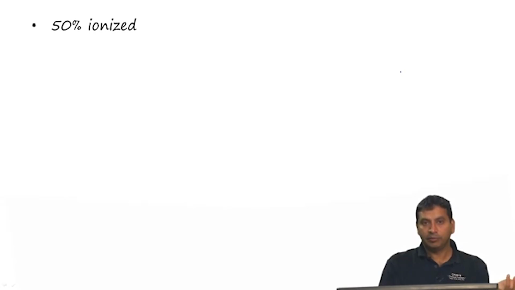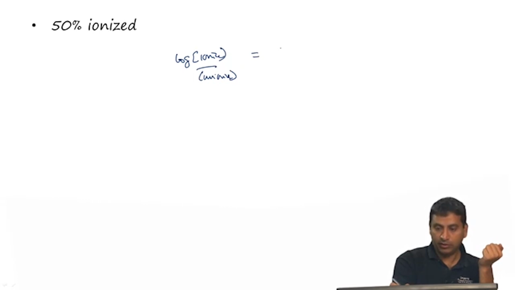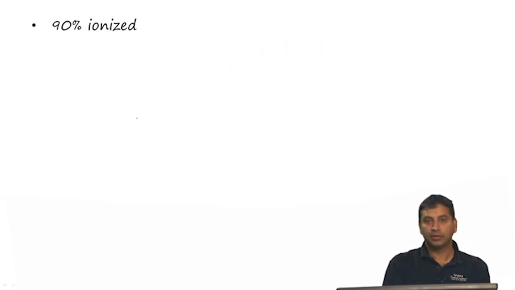So, in the case of 50% ionized, you have log of ionized by unionized, and this ratio is going to be 50 by 50, which is going to give you 1. Log of 1 is 0, and so the pH would be 8.2. Okay.